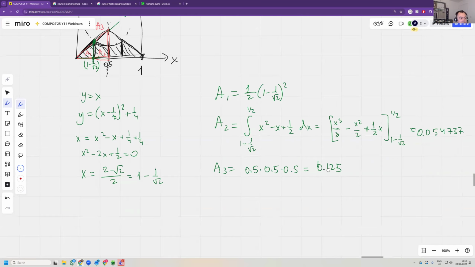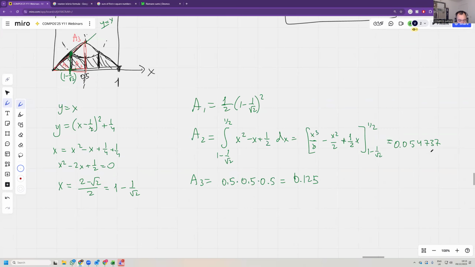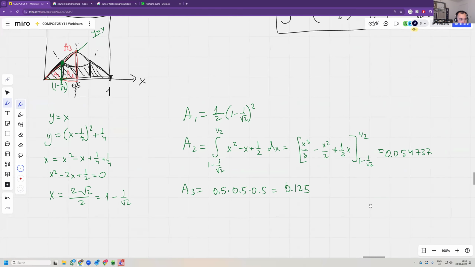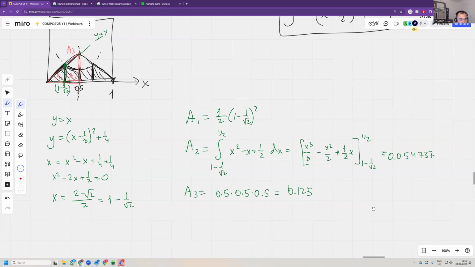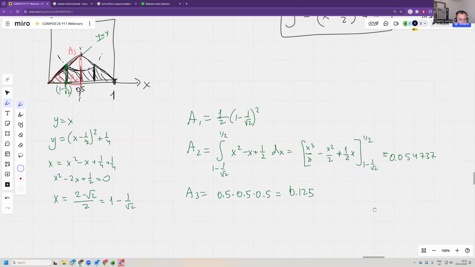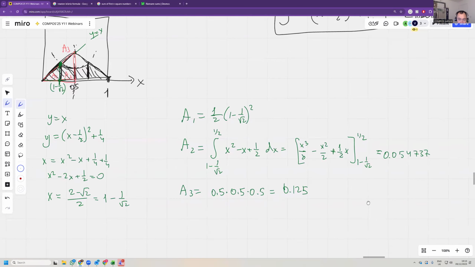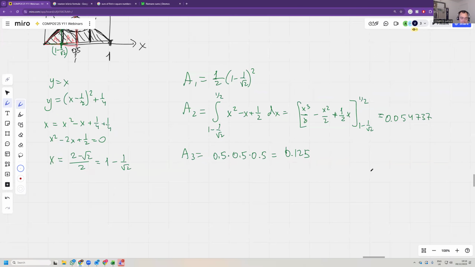And that's too small. Have I messed something up? That's way too, oh, 54. No, that's not too small. Okay, that's fine. Yep.